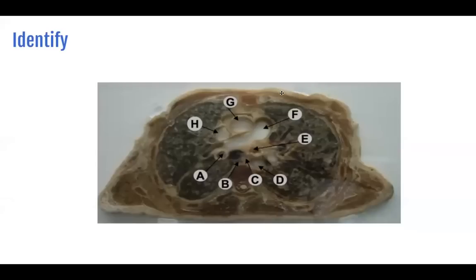Does anyone know what the structure F is? Okay, so we'll cover all this. This right here is the pulmonary trunk giving the branch, which is the right pulmonary artery.